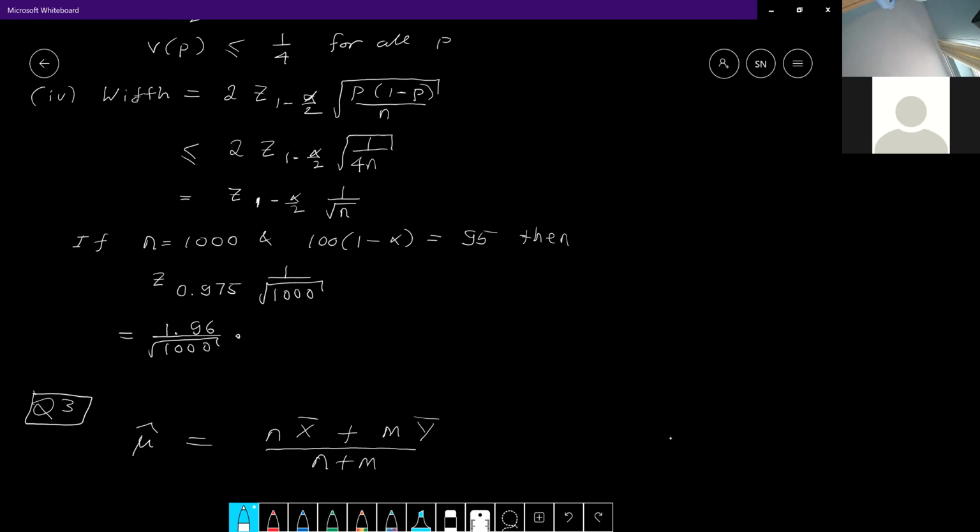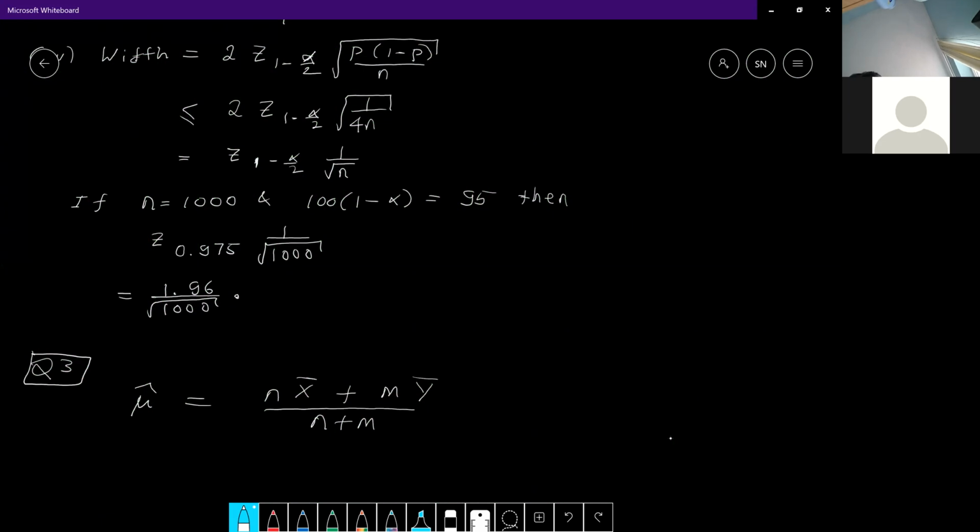And we want to show that this estimator is unbiased. So remember, to show that something is unbiased, you need to find the bias. You need to find the bias of mu hat, which is the expectation of mu hat minus mu, okay?